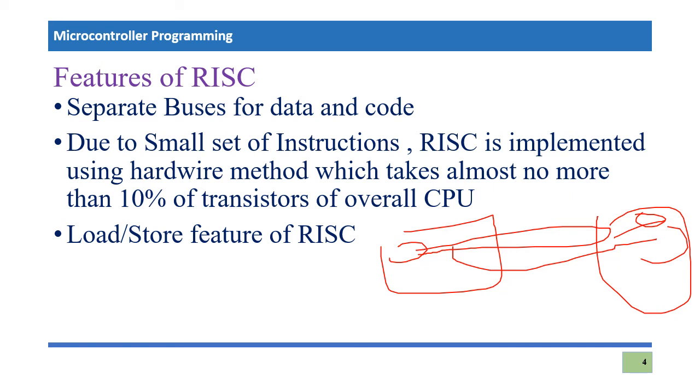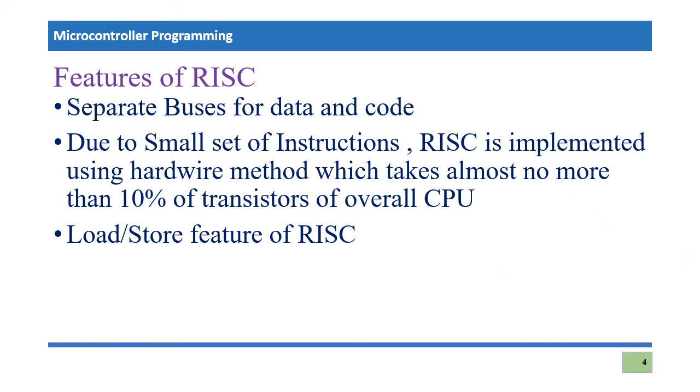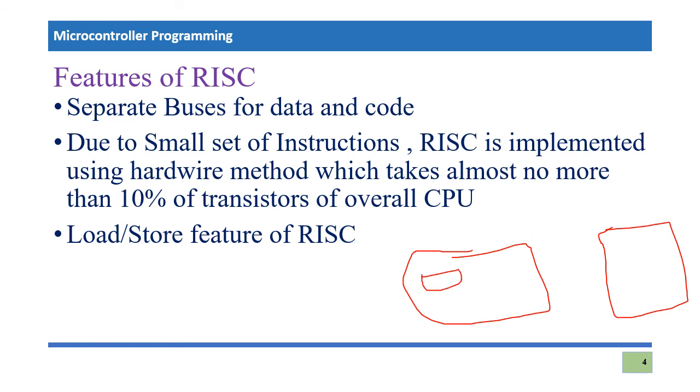But in RISC architecture, things become easier. This is your external memory and this is your internal CPU register. If you want to add this information, first you bring it here. This is one instruction of RISC architecture, and then you add them up here. It's quite easy, and then you store it back over here.